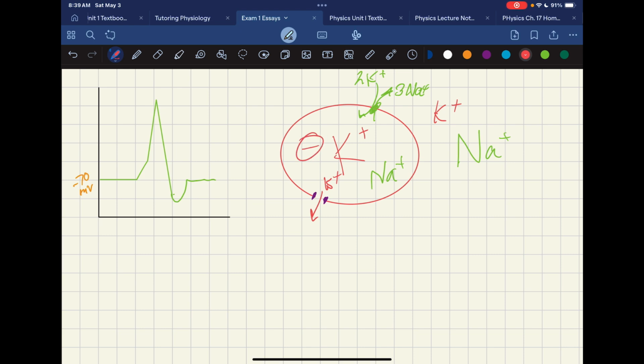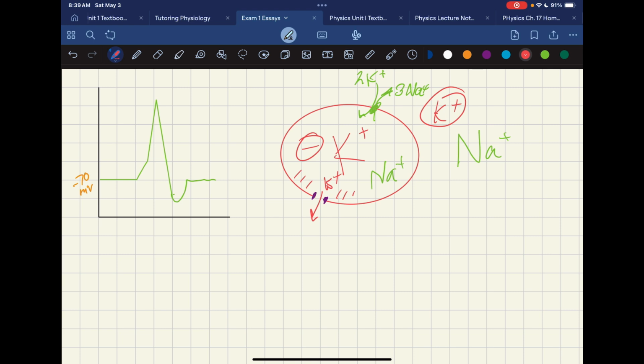Because like we said, the inside of the cell is negative. So the electrical gradient wants to pull the potassium back in to form equilibrium within its charge. However, it's quite contradictory because the concentration gradient wants it to leave, because we know there's not a ton of potassium outside the cell.